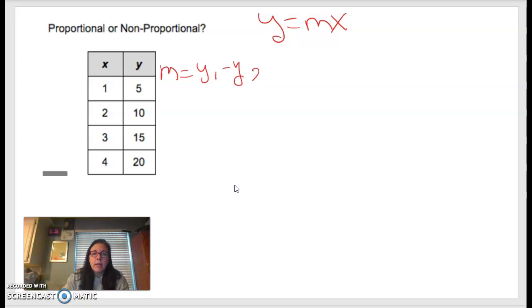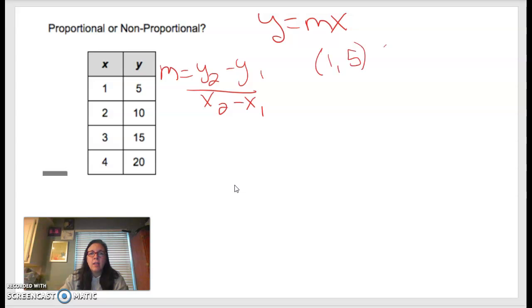y2 minus y1 actually. Whoops, I put those backwards. Doesn't really matter, remember. y2 minus y1 over x2 minus x1. I'm going to show you kind of a shortcut there, but remember, these are just coordinates. This is the coordinate 1, 5 and the coordinate 2, 10. And remember, you can always pause if I'm going too fast.